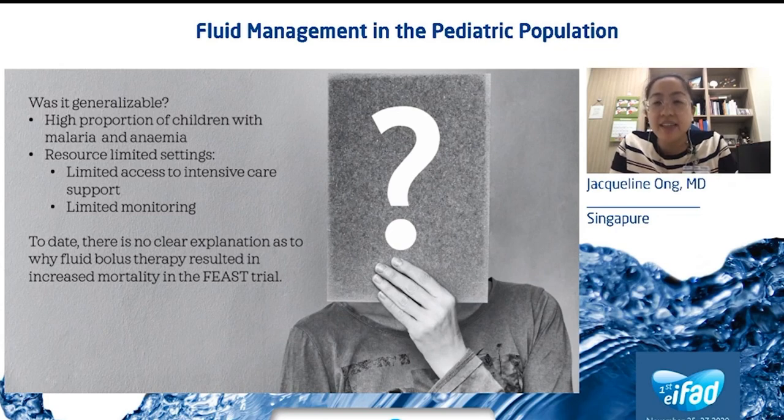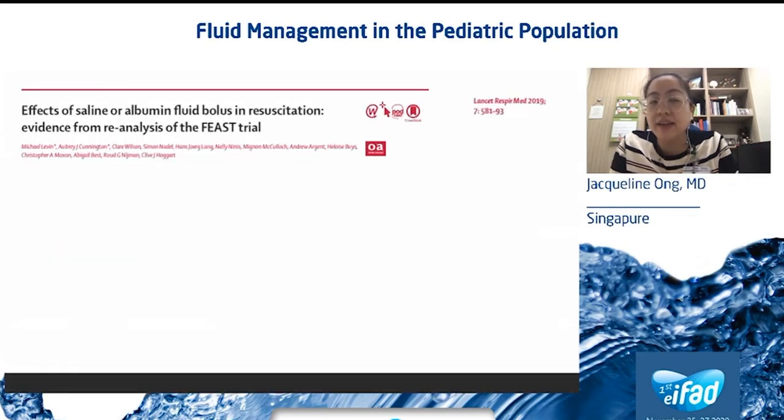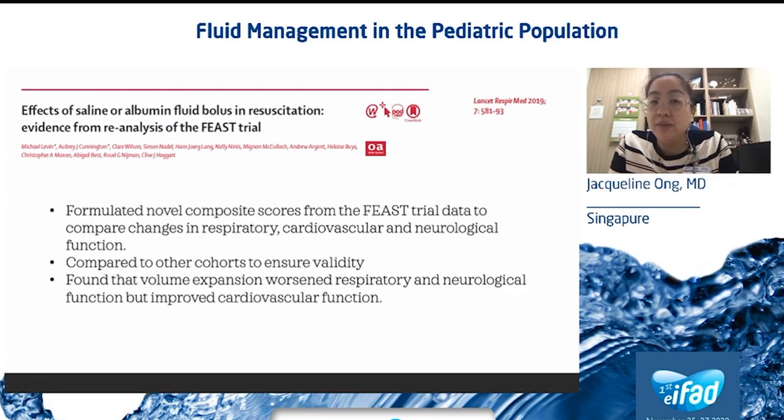Which brings us to this really interesting paper by Michael Levine and his team, a combination of a group from London as well as from South Africa, which re-looked at the FEAST trial data. They wanted to know whether it is possible to derive what exactly went wrong for these children.